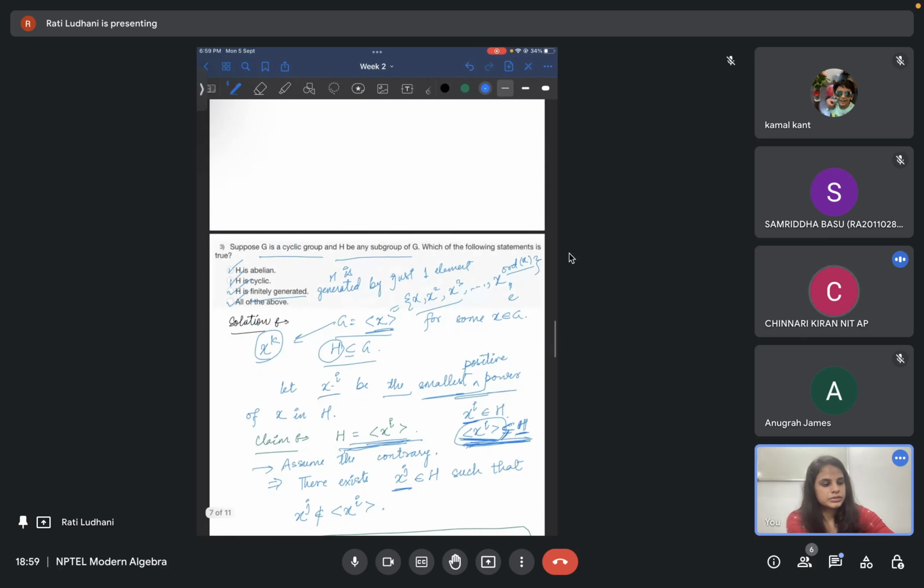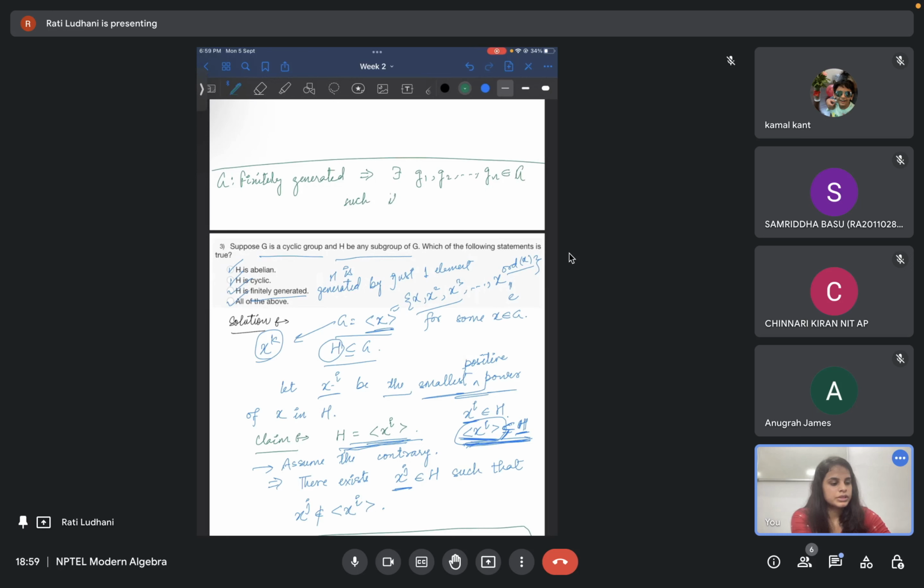So finitely generated means, if you say G is finitely generated, this implies there exist g1, g2, up to gn in G, for some fixed n, such that if x belongs to G, then x can be written as g1 raised to power p1, g2 raised to power p2, up to gn raised to power pn, where these p's are just numbers.